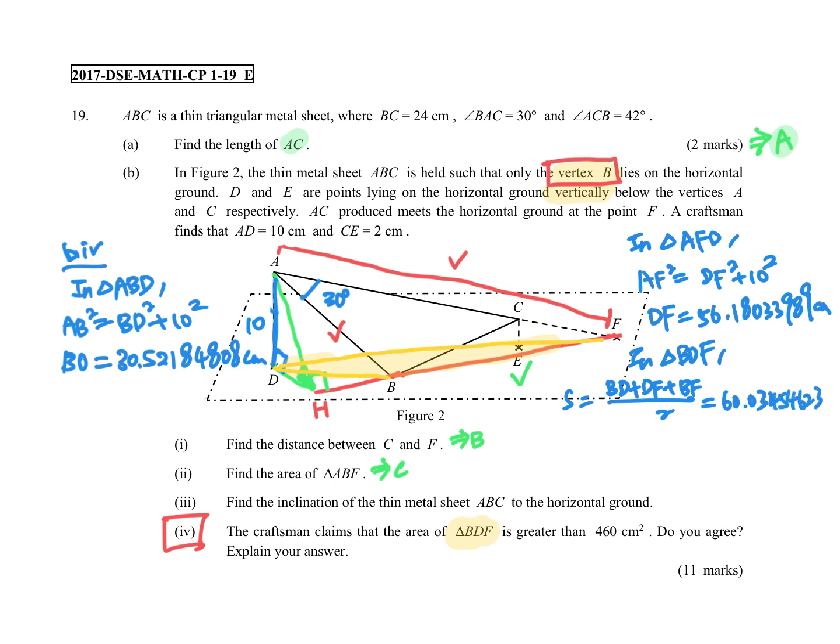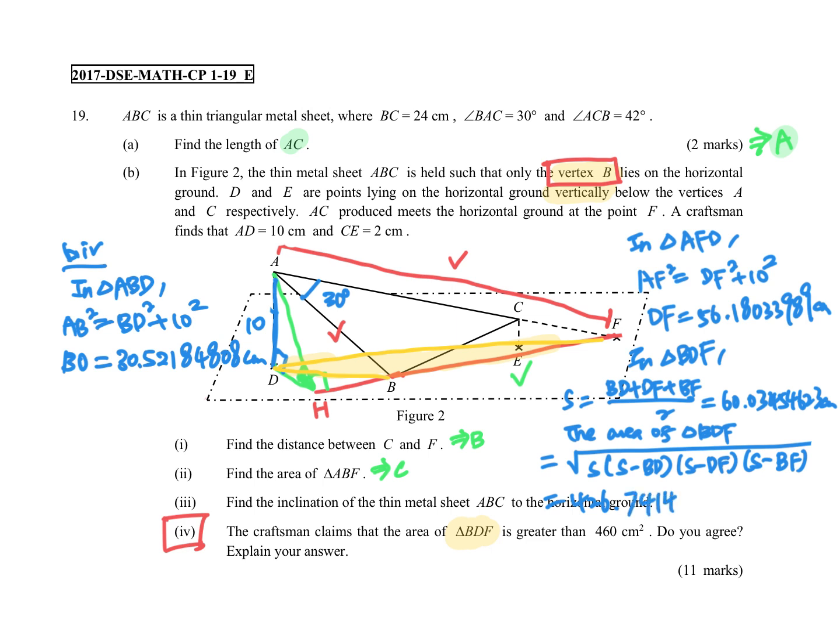And then the area of triangle BDF, using Heron's formula, is the square root of S times S minus BD times S minus DF times S minus BF. Don't name the sides wrongly, otherwise we will not be given the marks for Heron's formula. So the final answer would be 426.741482 cm square.